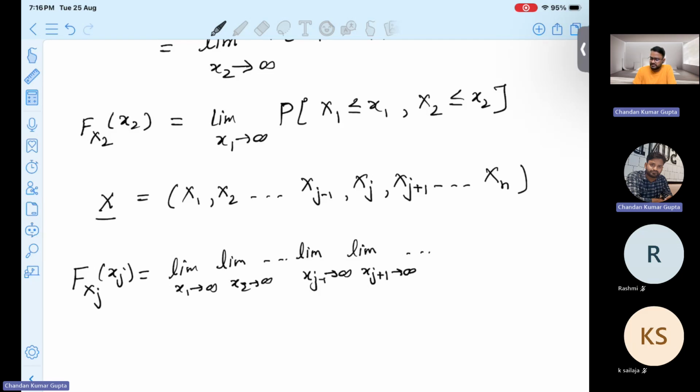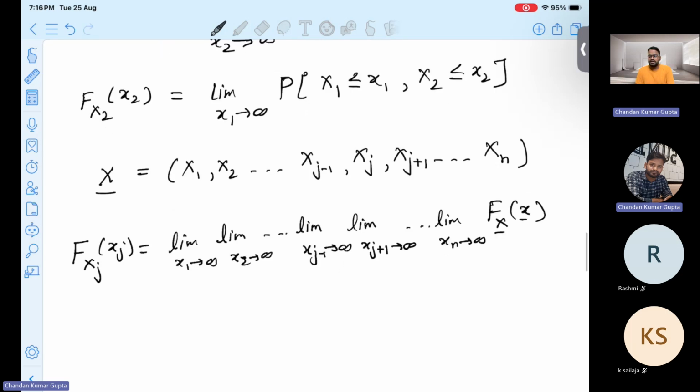Okay, and then the limit xn tends to infinity, and then this. Okay, so this is how we calculate the marginal cumulative distribution function.